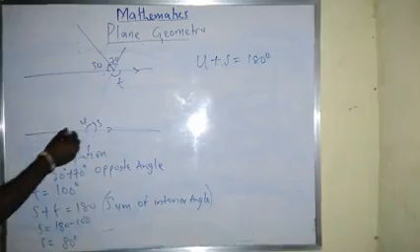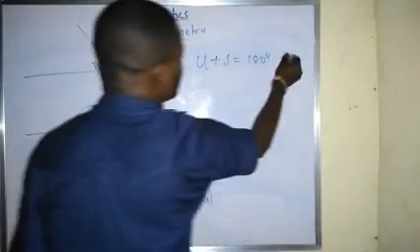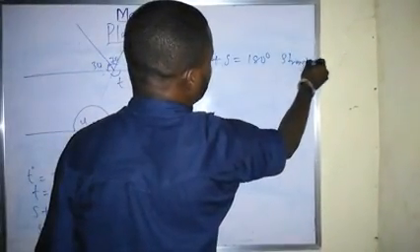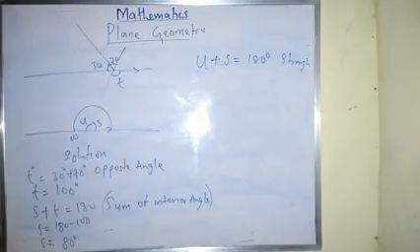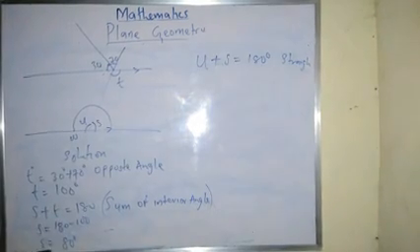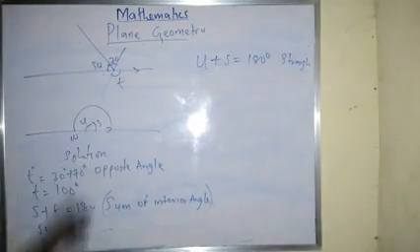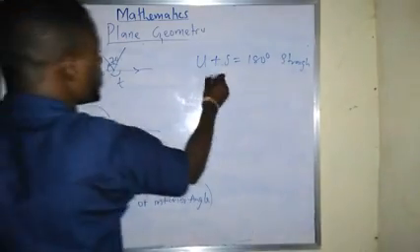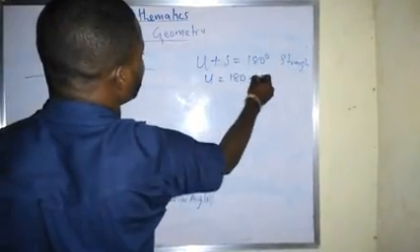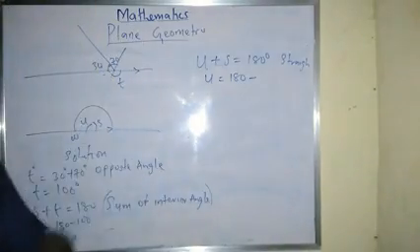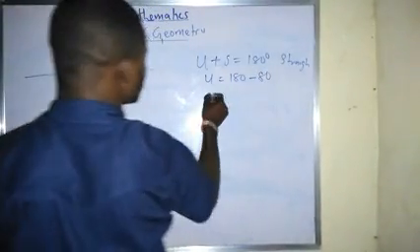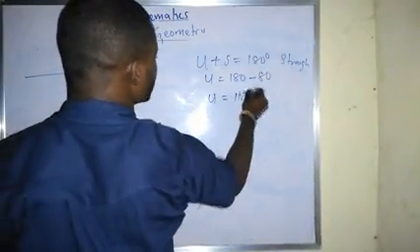U plus X is a straight line. Please think of that, a straight line. Since it is a straight line, what is my U? It means my U will be 180 minus my X, which is U equals 100 degrees.